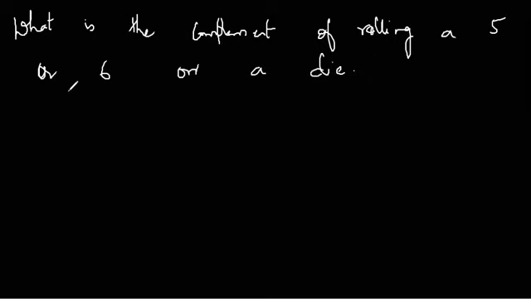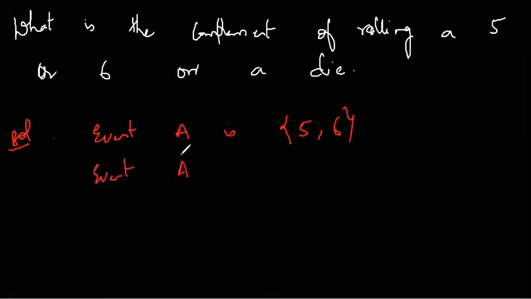Now for this, if we want to find the complement of rolling a 5 or 6 on a die, let's write the solution. Event A is getting 5 or 6. What will be the complement? Event A bar is getting 1, 2, 3, 4.